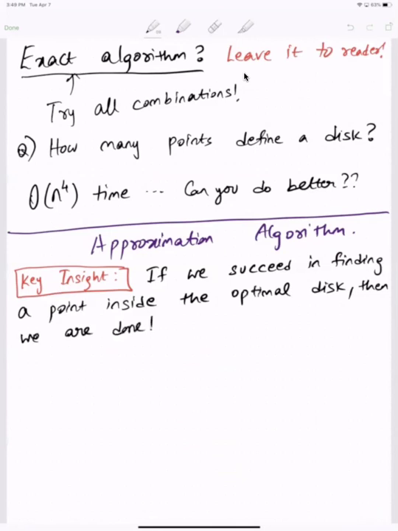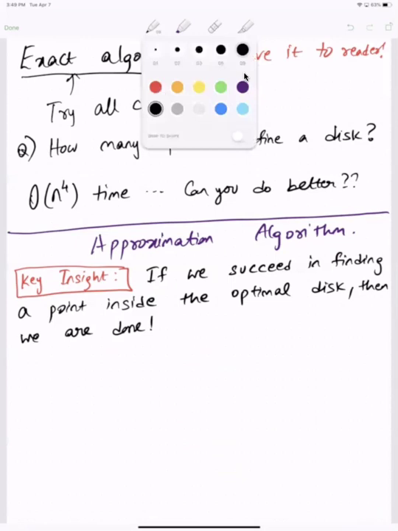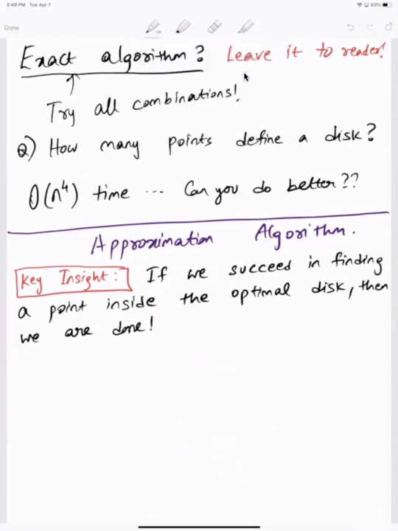We don't know what the optimal disk is, but if somehow we can succeed in finding a point which lies inside the optimal disk, then we're done. Why do I say that? Let's look at some examples. Let me carefully draw two figures here.